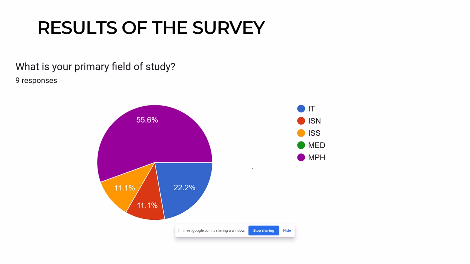Only 22% are in information technology. That means we will focus mainly on technology and health. All our examples will be based on technology, or the application of technology, in the healthcare domain.